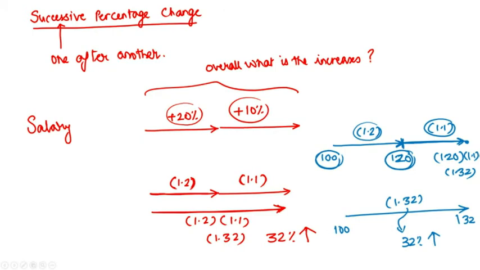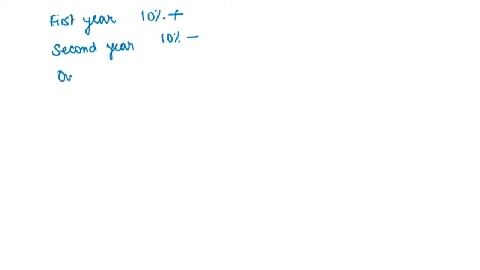Let's do one more. Tell me what will be the case. First year salary increases by 10%. Second year it reduces by 10%. What is the overall change? How will I do it?